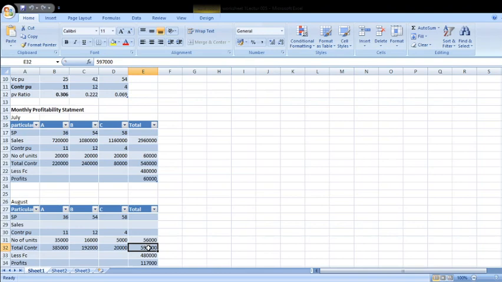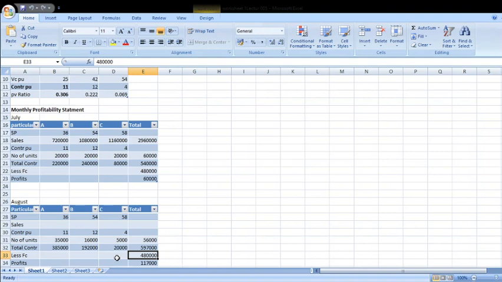Deducting fixed cost of 480, you can see that the profit is now 1,17,000. So, the first part of the question was to make a monthly profitability statement and compare the profit of July and August. All are able to do it.